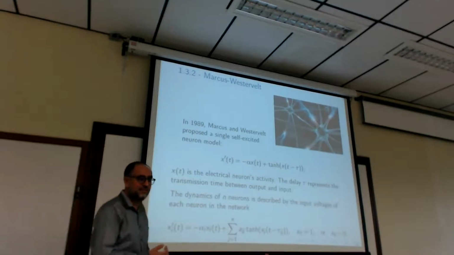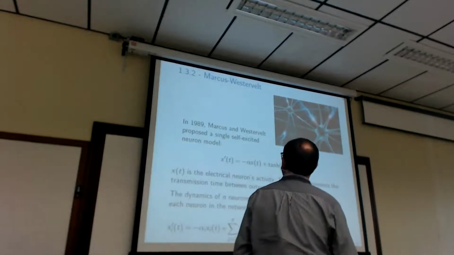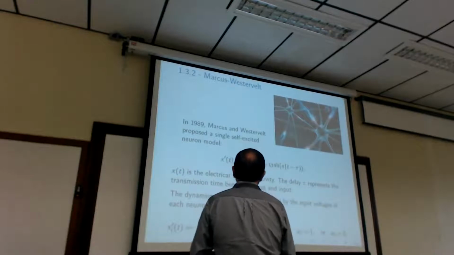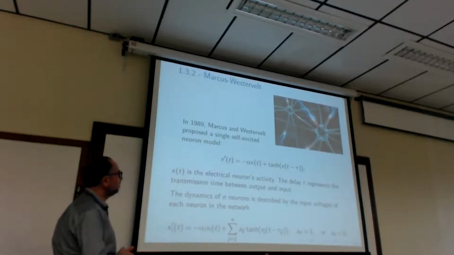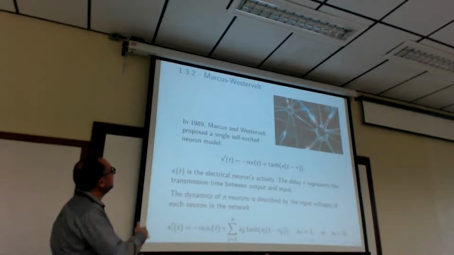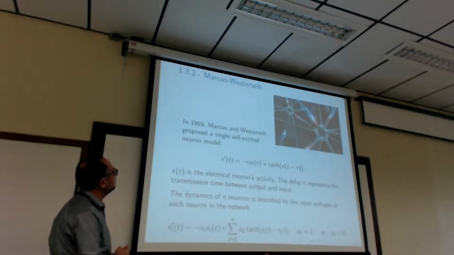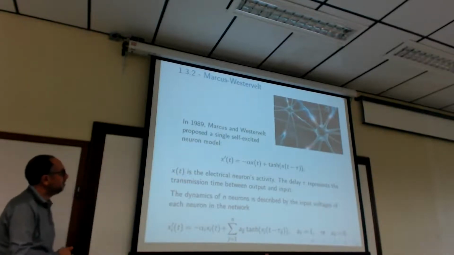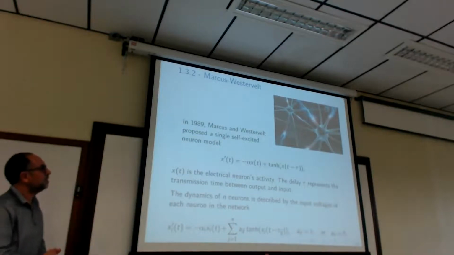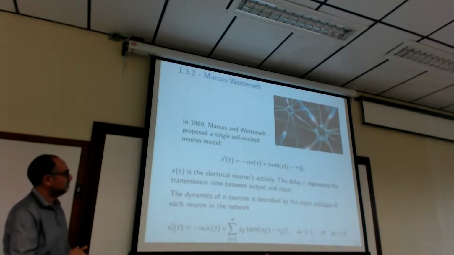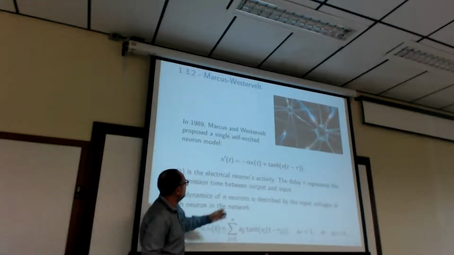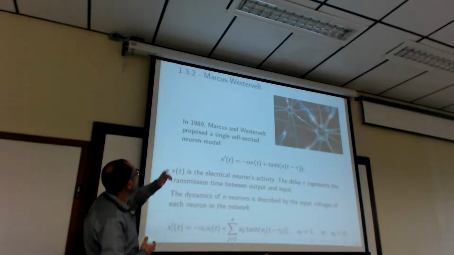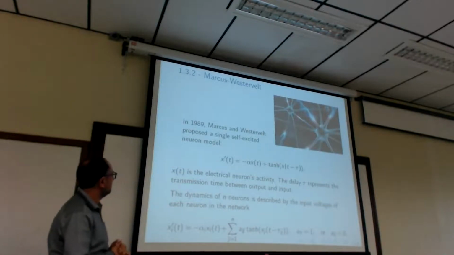Another example, it's also famous. It's a system of neuron activity. It was introduced by Marcus and Westervelt, and now there are many systems studied by many people in this kind of field. And the first one was introduced by this guy.